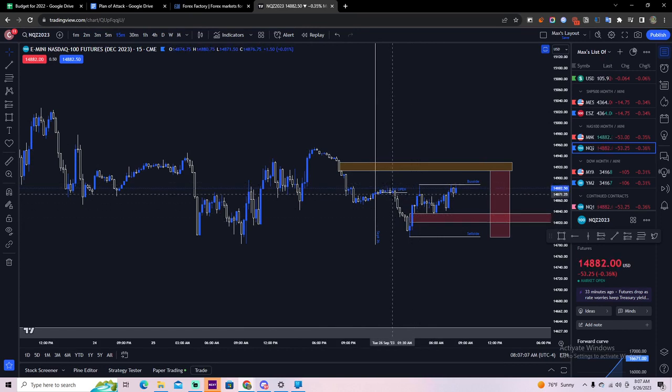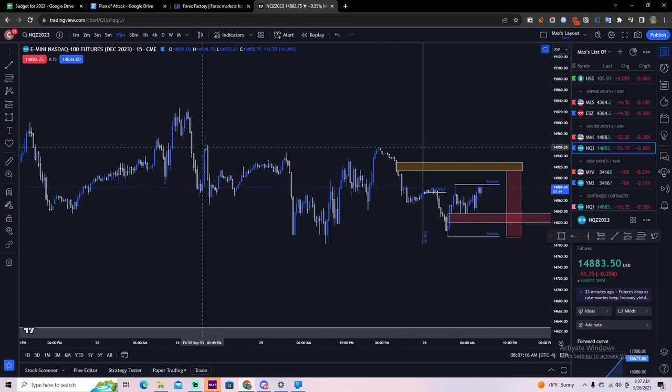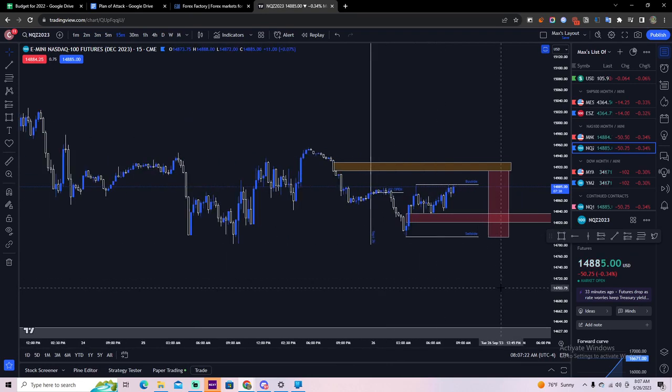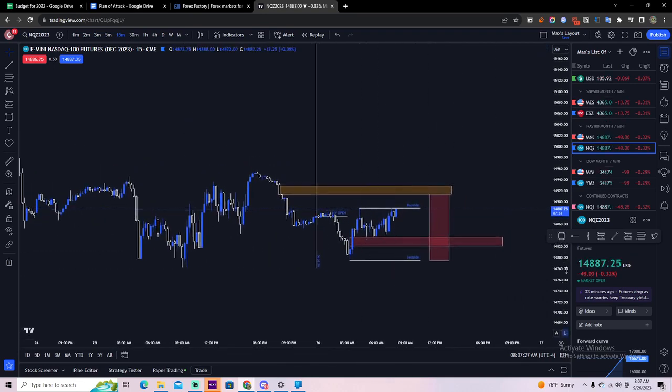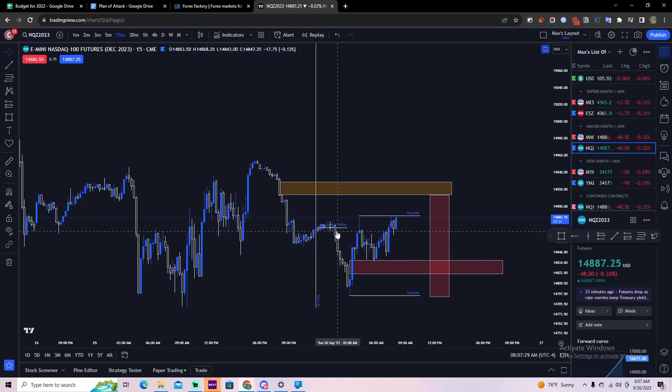All right, and when we're framing the idea of a buy, we can also see this as manipulation or the false move. Now we do have a few levels back here, like this imbalance, and we're going to pay close attention to that. But for now, the levels that are most relevant to me are these two, and I just want to keep that in mind.